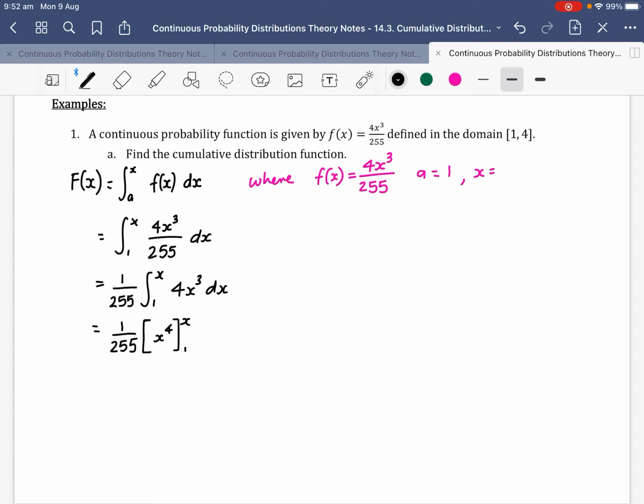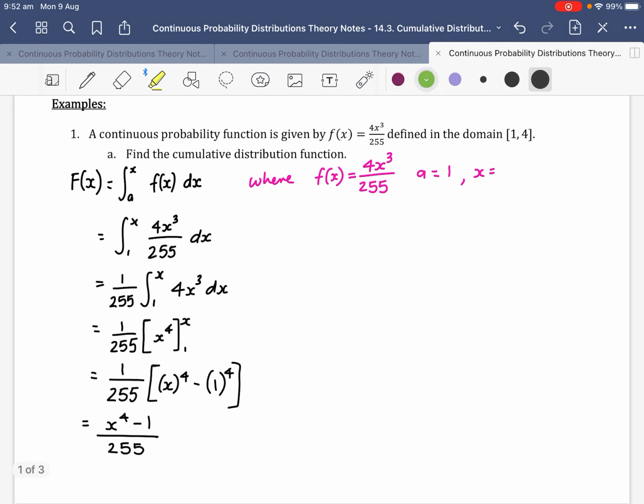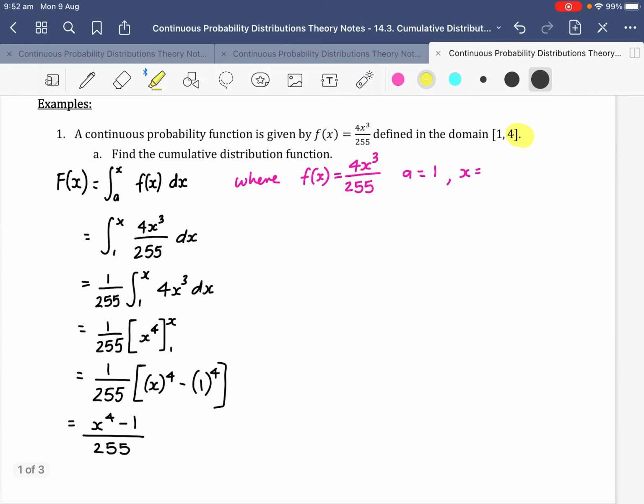When we substitute this in, we get 1 over 255 of x to the power of 4 minus 1 to the power of 4. So x to the power of 4 minus 1 over 255 is our CDF function. It's important to note that we just ignore the upper limit of our domain. We only really want to know what our lower limit is, because we're going to put numbers into that upper limit later, and we want our CDF to be in terms of x.